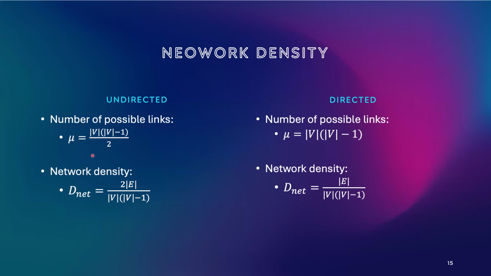And then the network density is the number of edges over the number of all the possible links, which is this number. So this comes here, and then we have this formula. And then for directed graphs, the number of possible links is n multiplied by n minus 1. I'm going to also let you think about why that is. Then here the network density is the number of edges over the total possible number of links.